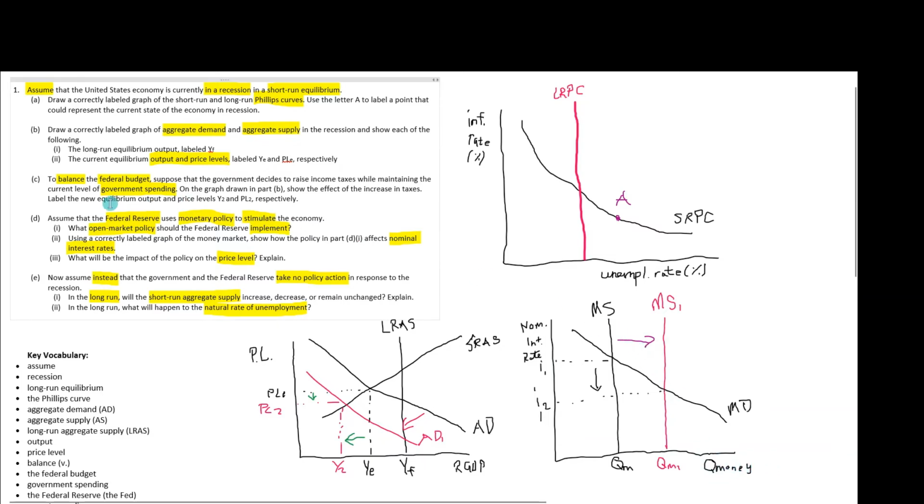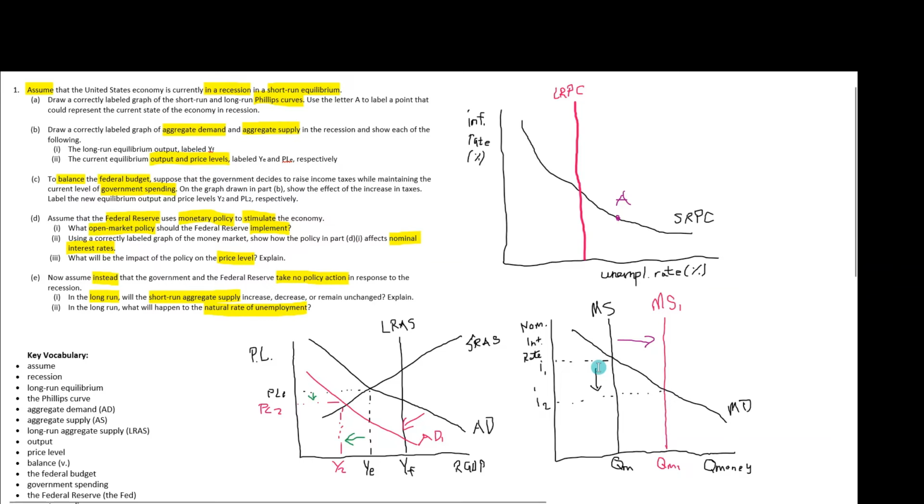Starting out with the first position, MS is for money supply, QM, you can label them however you like. It doesn't seem to tell us precisely what labeling it wants. Money demand, MD, that's a downward sloping curve here. And then you're going to draw your starting interest rate, I1 or something, with dotted lines.